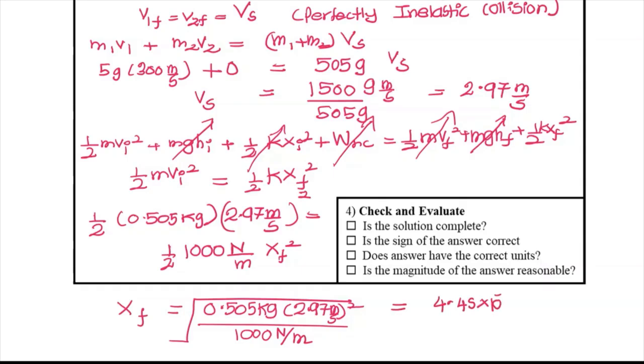I'm going to show you how I get the unit meters here. Divide that by the SI base unit of newtons, kilogram meters per second squared, and then divide by meters again, because newtons per meter is the SI unit of a spring constant, and then take the square root of the whole thing. You will get 0.0667 meters or 6.67 centimeters.